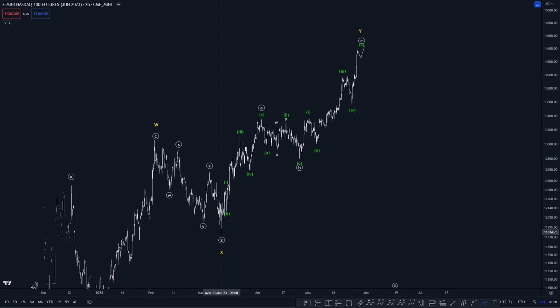Like I said, internally it looks complete. It really does. The only thing that really irks me a little bit is the subwave structure of this wave 3. It's not clean. You have to force it really as a 1 into a 2, 3, 4, 5. It's got a very unorthodox look to it. But when we're looking at the swing structure, it's got a nice swing structure to it.